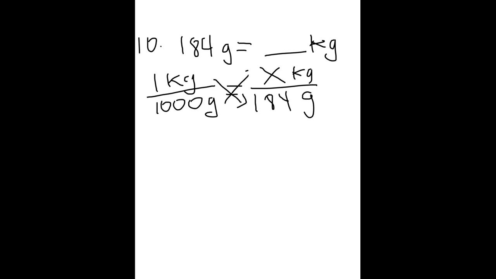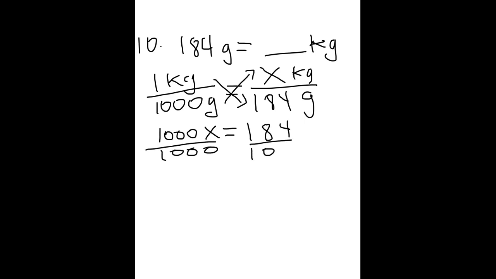So cross multiply. 1,000x is equal to 184. Divide by 1,000. X is equal to 0.184 kilograms. Okay, and again, don't forget that leading 0 in front of the decimal.